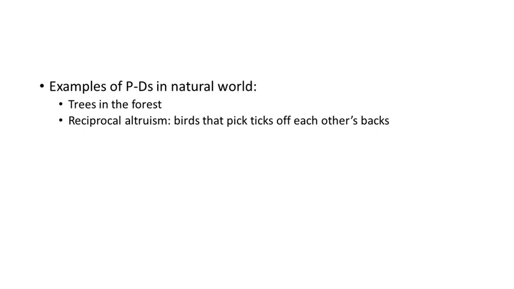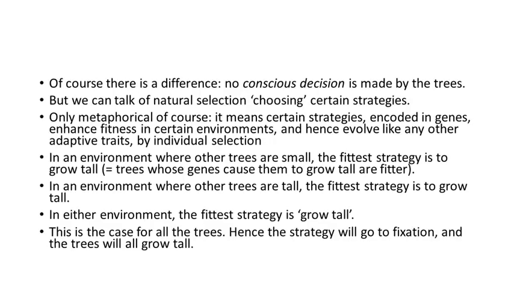Well, if you think about it, the thing to do for an individual bird that will most maximise its fitness is to defect and not pick ticks off the backs of the other birds. Why? Well, suppose everyone else is cooperating. Everyone else is being altruistic and picking ticks off the backs of other birds, including yours.